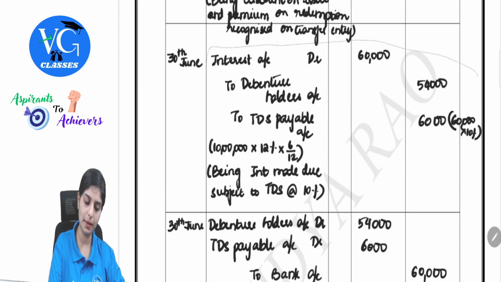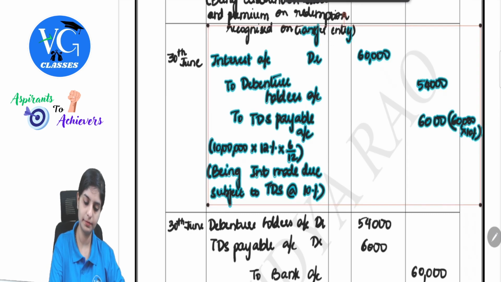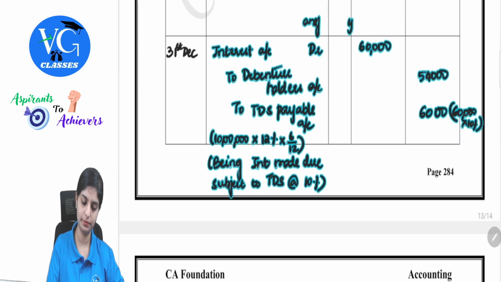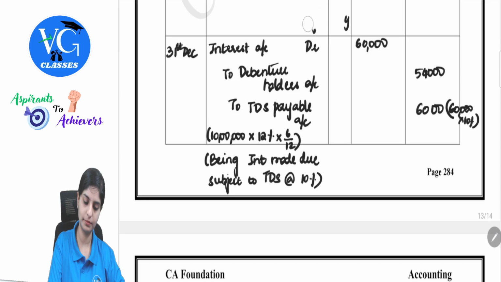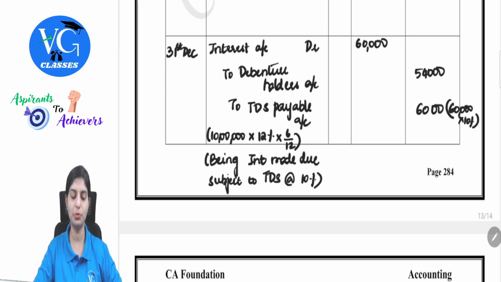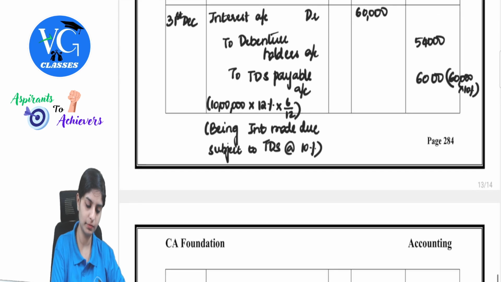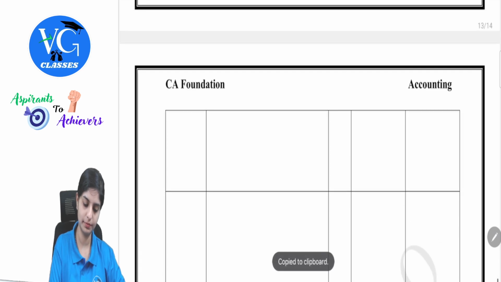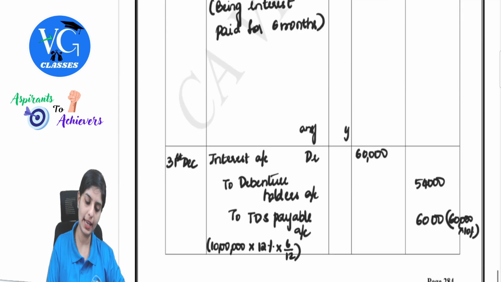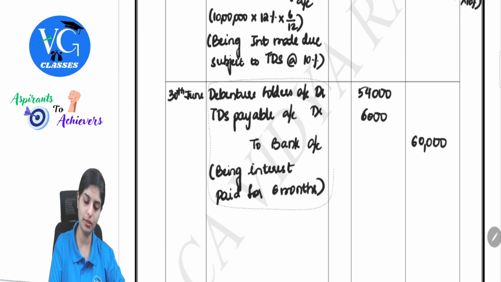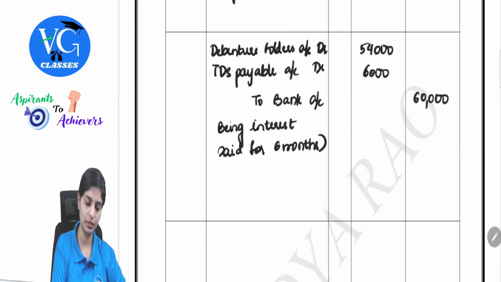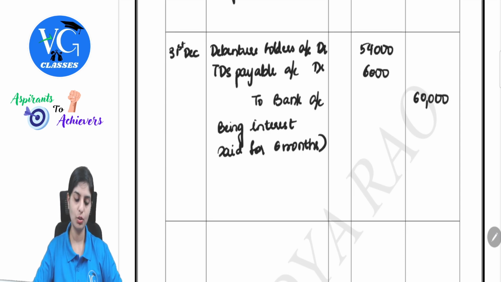So you will pass the same entry again as on 31st December. Is this clear? So this completes our interest entry.